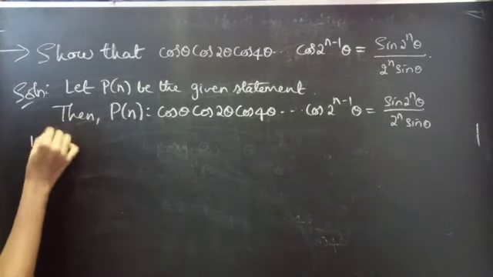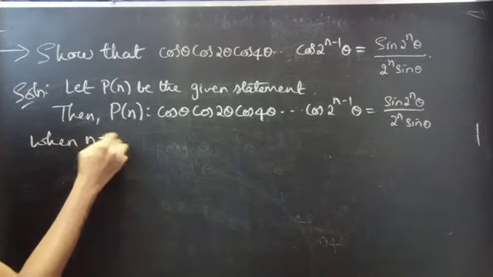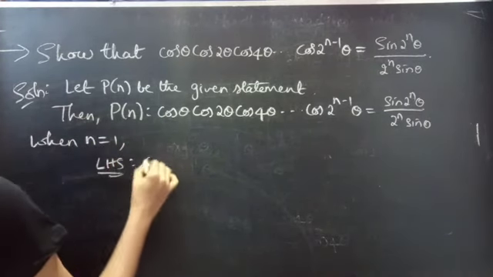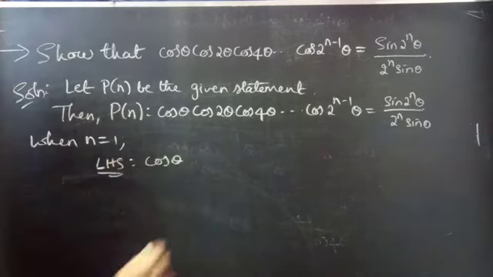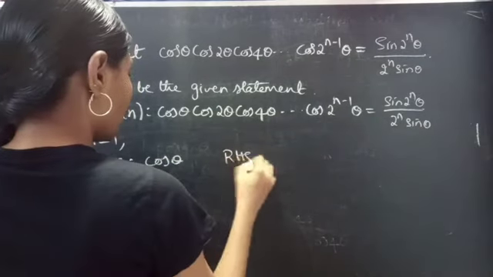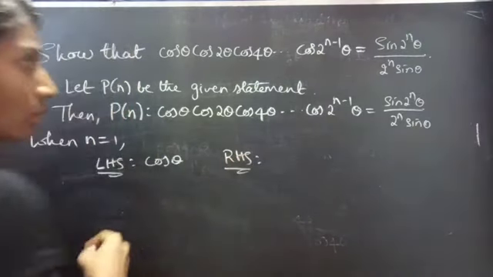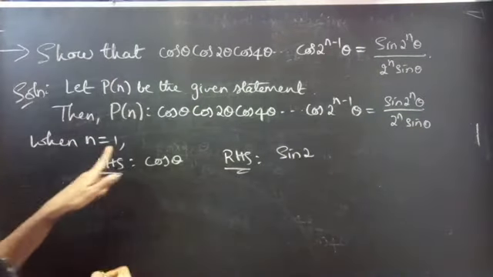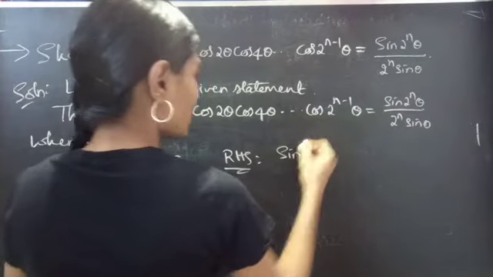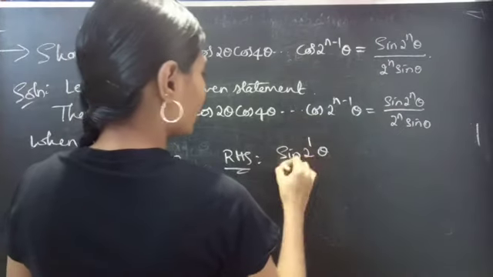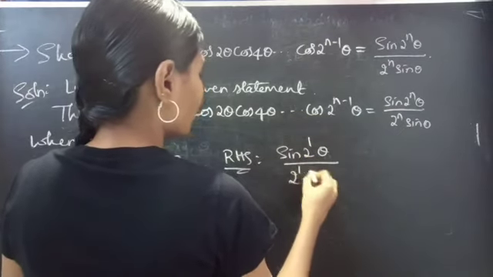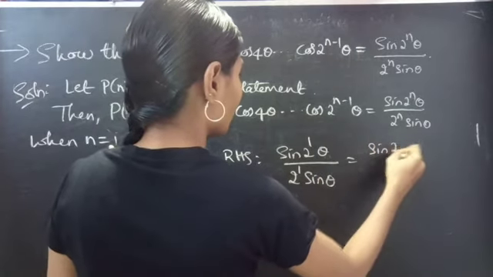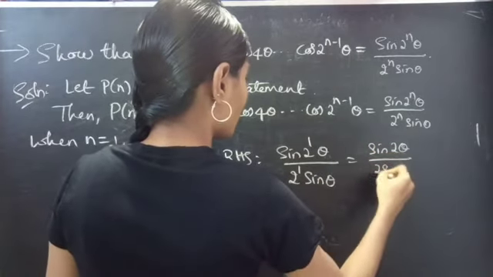So when n equals 1, LHS is cos theta, and put n equals 1 in the RHS, you get sin 2 power 1 into theta by 2 power 1 into sin theta, which equals sin 2 theta by 2 sin theta.